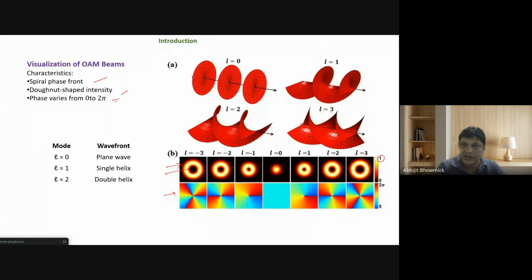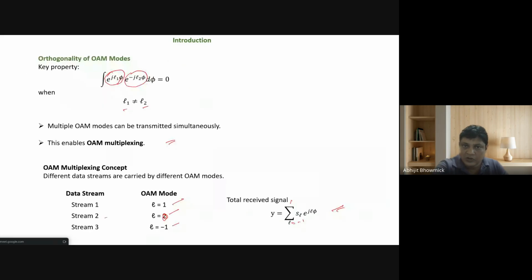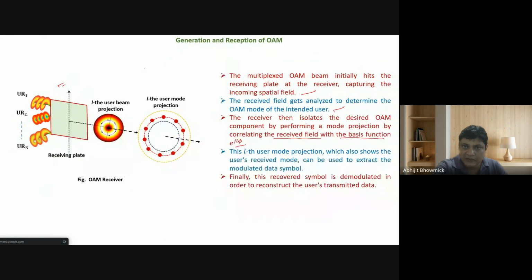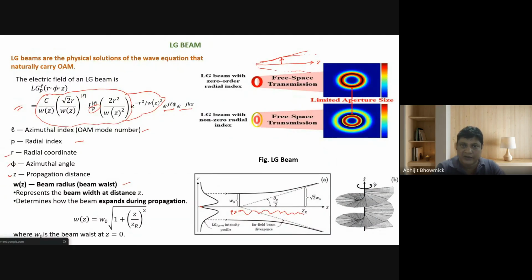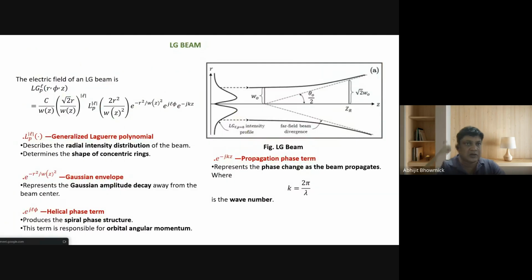Here the yellow line is describing the highest intensity, and the black is 0. So you can see how the intensity varies radially. From the center it is 0, then it is like a Gaussian distribution.